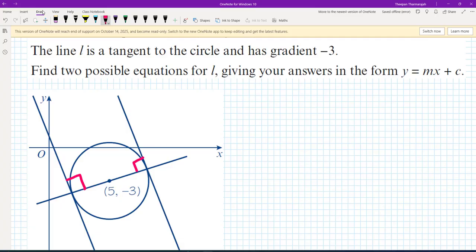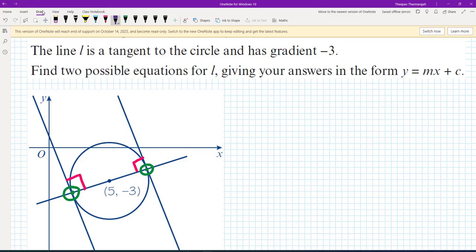Our goal is to work out what these two intersection points are between the line that passes through the center and the two tangent lines. That's essentially what we need to work out.